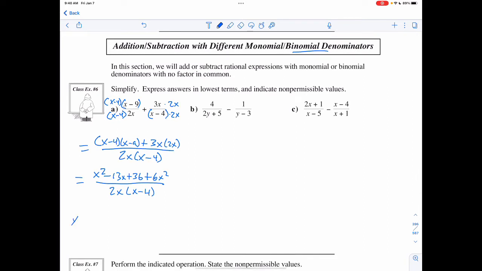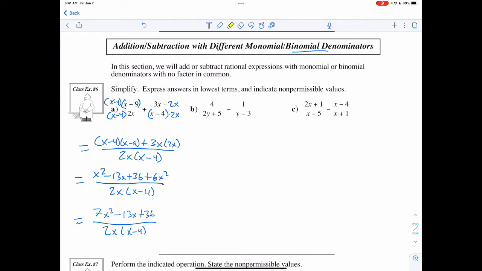When I combine my like terms, I have 7x squared minus 13x plus 36 all over 2x and x minus 4. And the last step I would do is I would see if I can factor this down, and that numerator is not factorable.